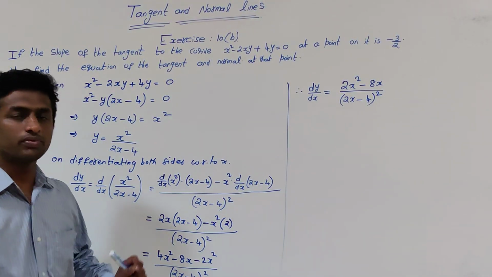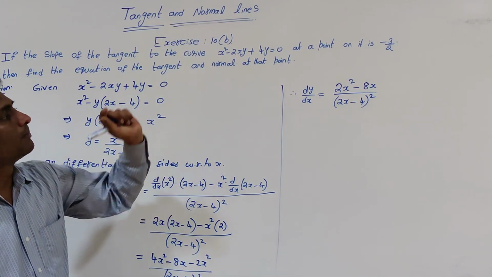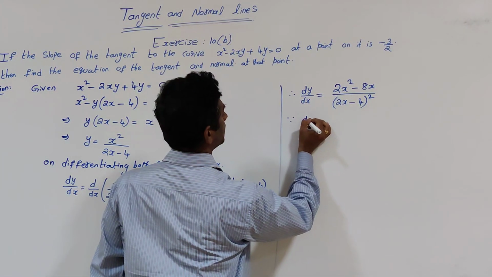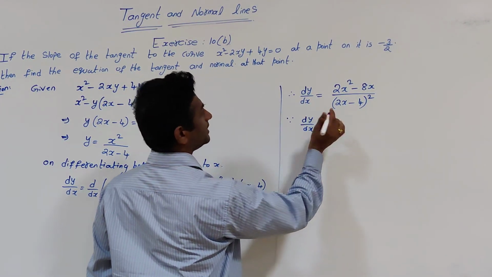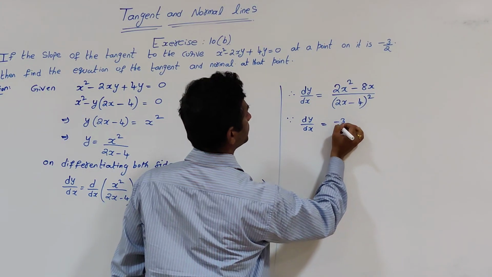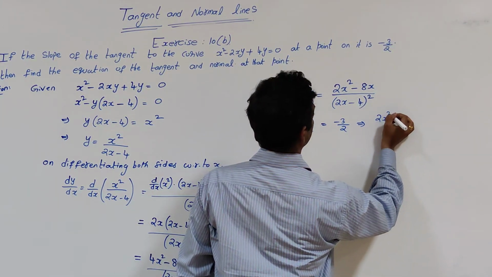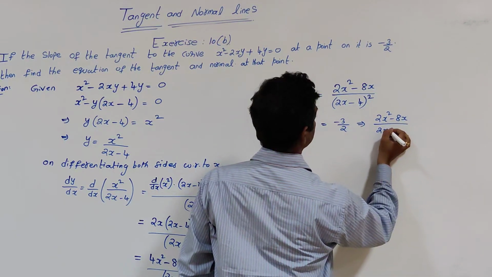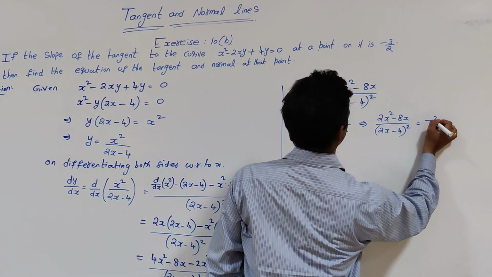So that is the slope. Now this slope should be equated with minus 3 by 2. Since dy by dx at point P is given as minus 3 by 2, it implies 2x square minus 8x by 2x minus 4 whole square is equal to minus 3 by 2.